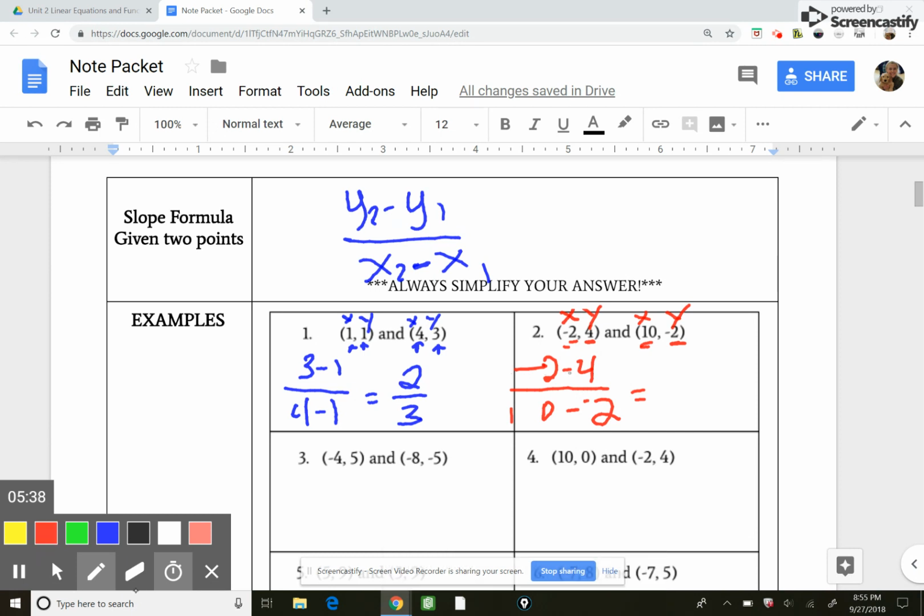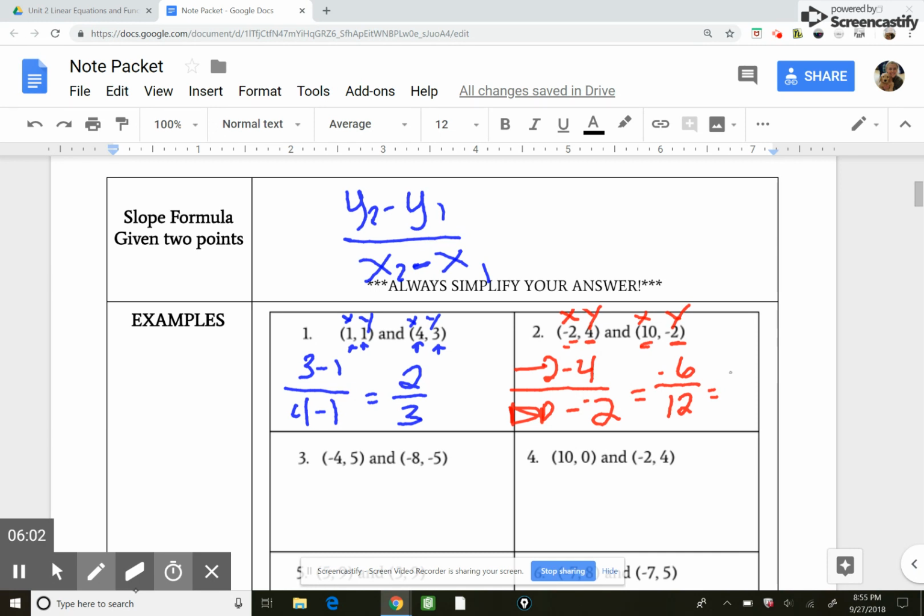So negative 2 minus 4 is negative 6. Use a calculator if you're not sure. And then 10 minus negative 2 is really 12, because two negatives make a positive. And then make sure you reduce. So negative 6 over 12 is negative 1/2. That's your final answer.